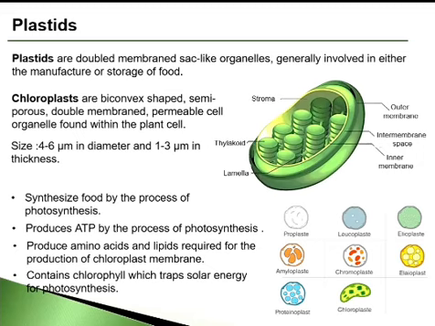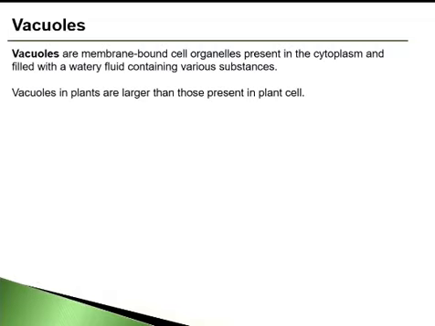The chromoplast includes carotene and others which give plants their characteristic colors like yellow, orange, or red. Colorless plastids are the leucoplasts that store nutrients like carbohydrates, protein, etc. found in plant cells. Vacuoles are membrane-bound, fluid-filled organelles of irregular shape.